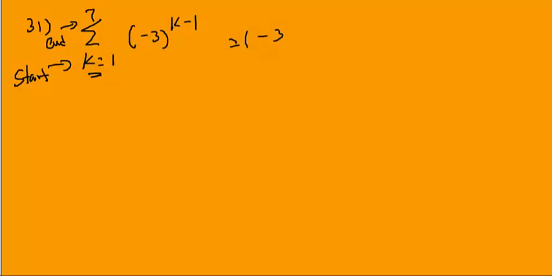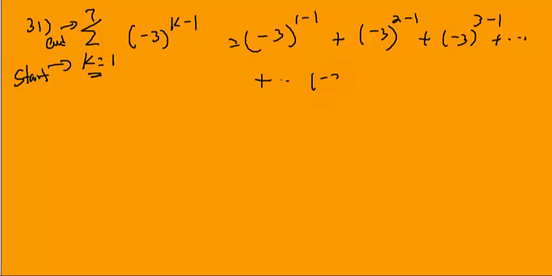So the first term is going to be negative 3 to the 1 minus 1, because my k starts out with 1. And the next term is going to be negative 3 to the 2 minus 1, and then plus negative 3 to the 3 minus 1, and so on and so forth, all the way until you get to negative 3 to the 7 minus 1, because that's my ending point right there.